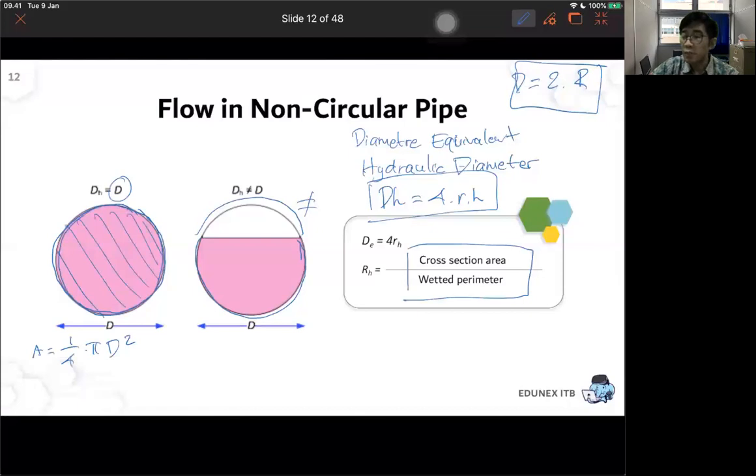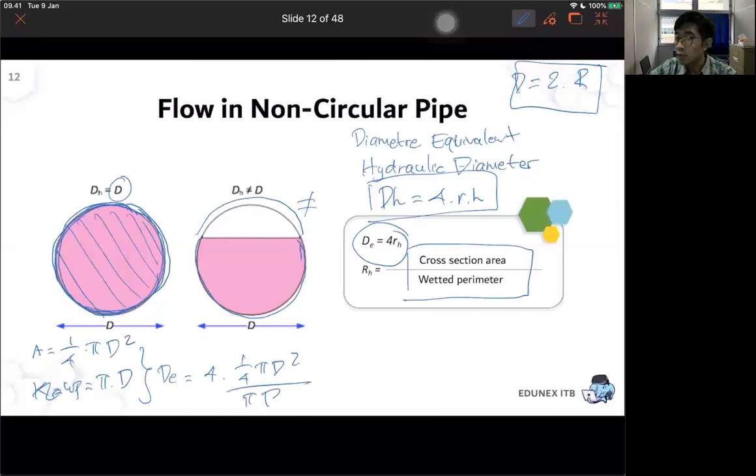And how about the wetted perimeter? The wetted perimeter will be this one, and this one equals the circumference. So the wetted perimeter will be pi times D. So for this one, the equivalent diameter will be 4 times the area over the perimeter using this formula, and this equals D. That's why, if the liquid is fully filling the cross-section of the pipe, the hydraulic or equivalent diameter will equal the pipe diameter.